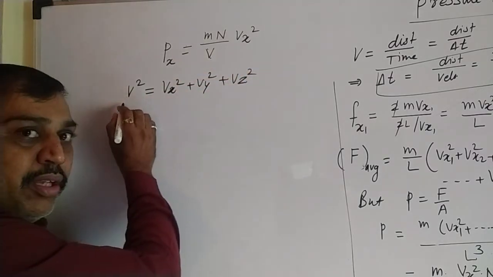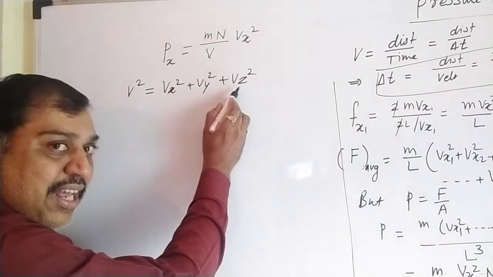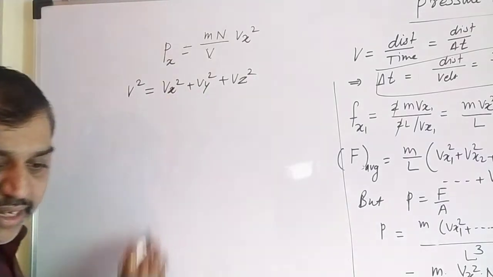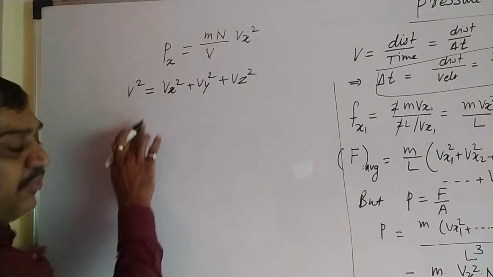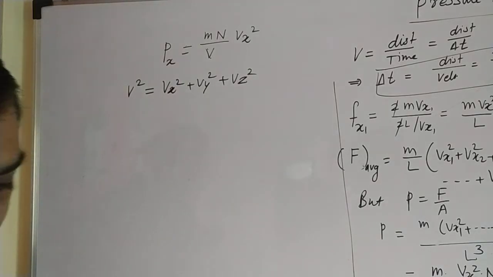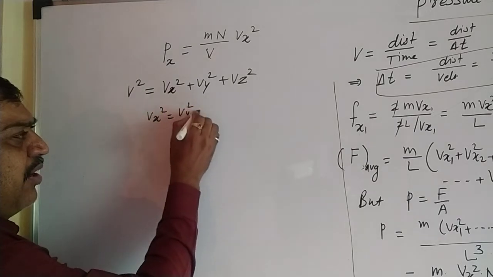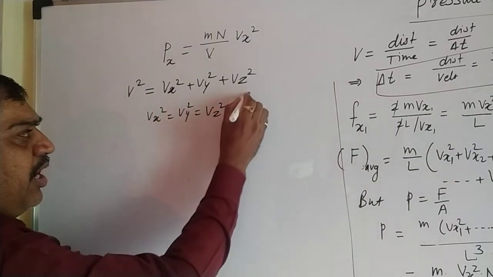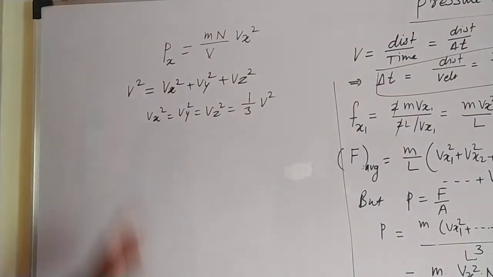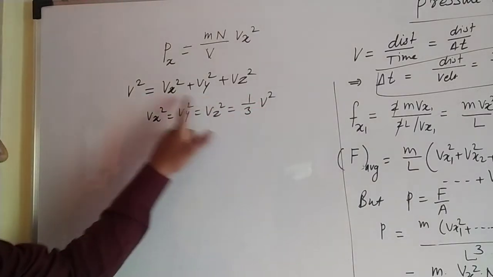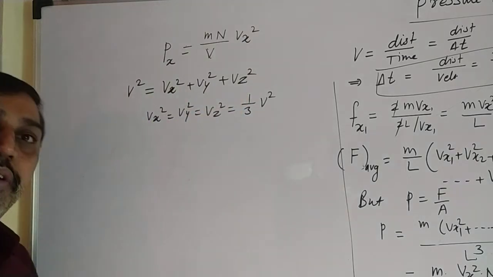Velocity square must be equal to the sum of squares of components along the x, y and z axes. If Vx square equal to Vy square equal to Vz square equal to 1 by 3 V square, then this equation is valid. Put 1 by 3 V square plus 1 by 3 V square plus 1 by 3 V square, it comes to V square.